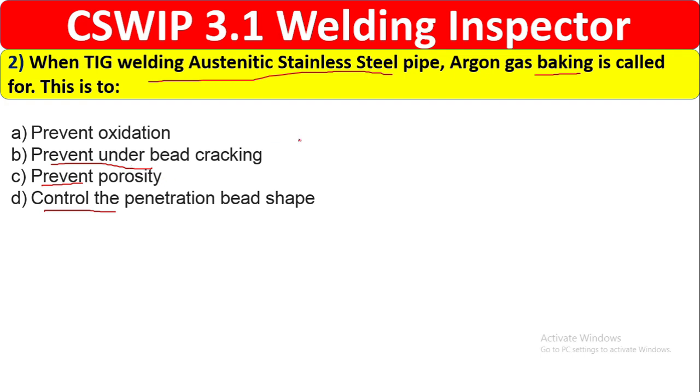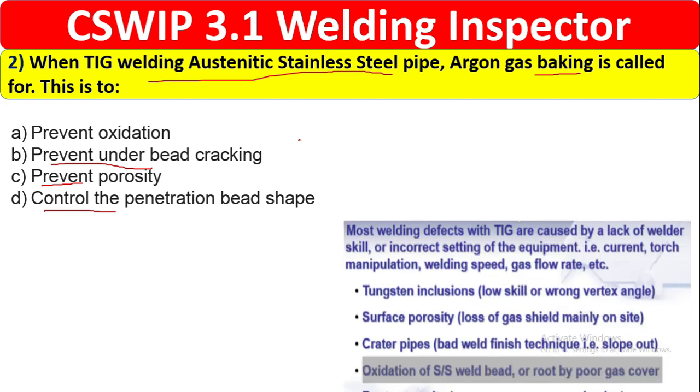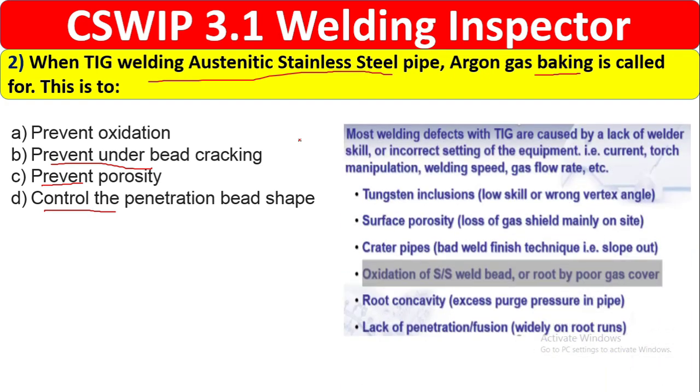You should know very well why argon gas backing is needed. Because of the stainless steel pipe, if argon gas backing is not there, it will react with oxygen and the oxide will form on the stainless steel and there may be corrosion. The most important part is oxidation of the SS weld bead or root by poor gas cover.